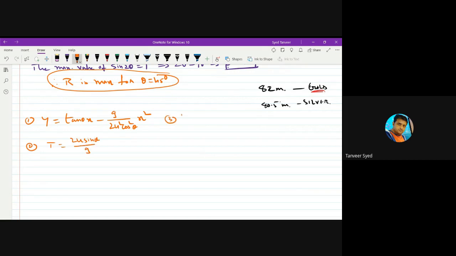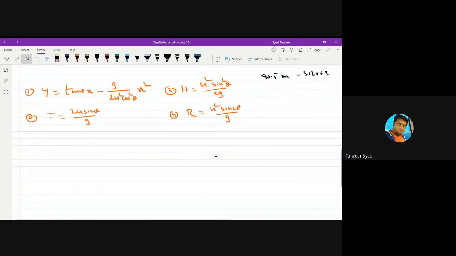Third is maximum height, u square sin square theta by 2g. Fourth is horizontal range, u square sin 2 theta by g. 4 very important parameters of a projectile.